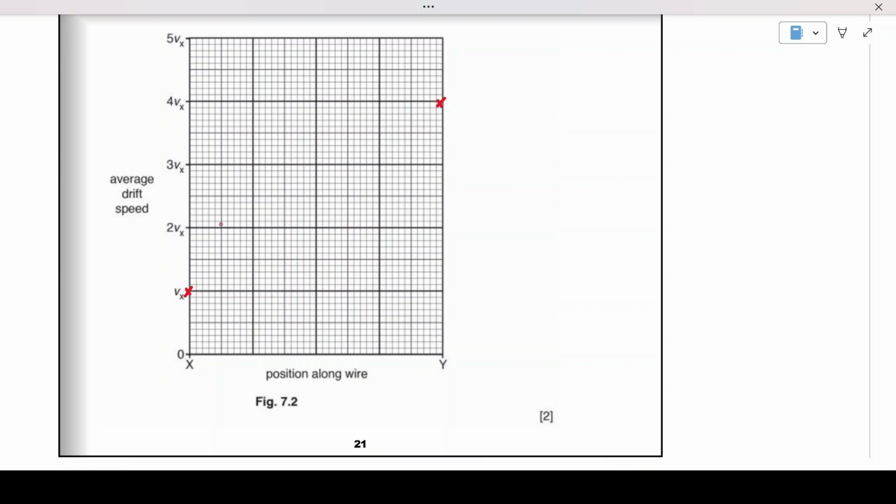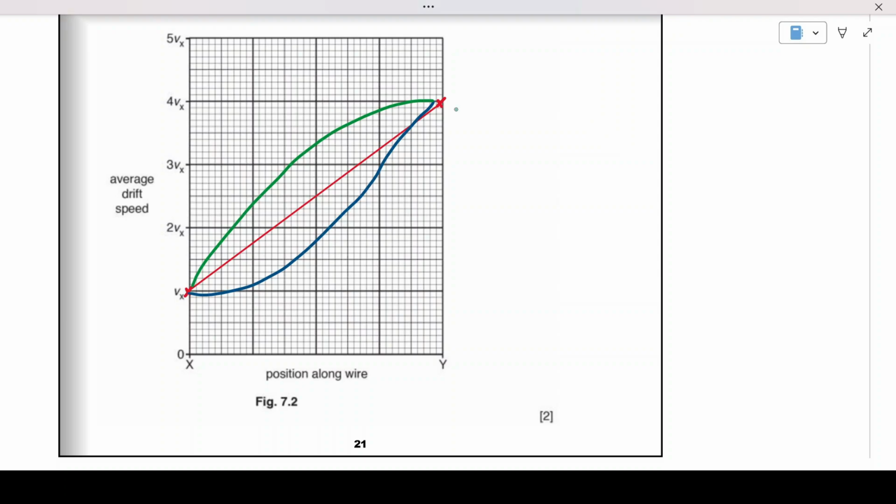Now the question is, we do have 2 points. Shall we join these 2 points with a straight line? Shall we join with a curve that looks something like this, increasing gradient? Shall we join it with a curve with the decreasing gradient? The answer is, if we plot only 2 points, we would never know.